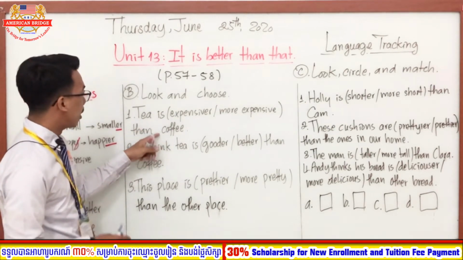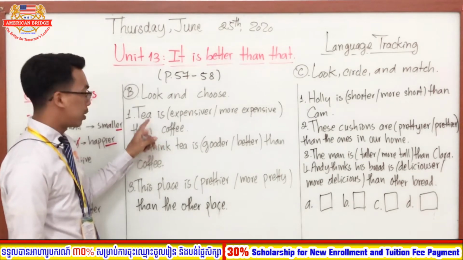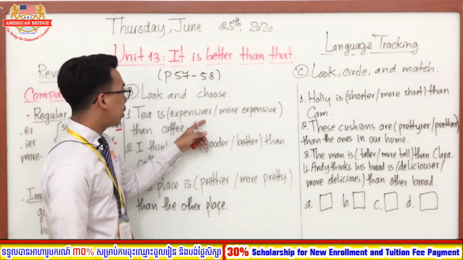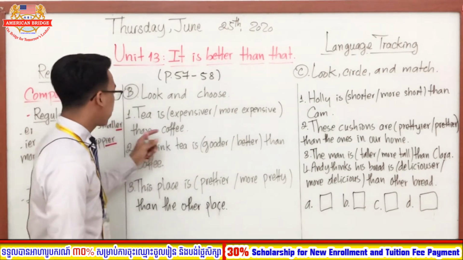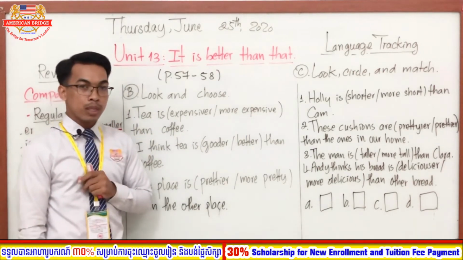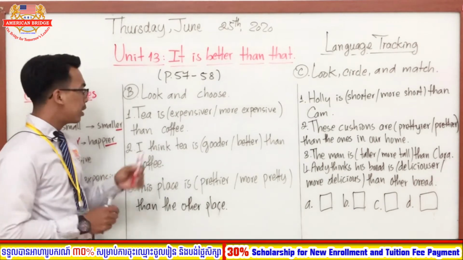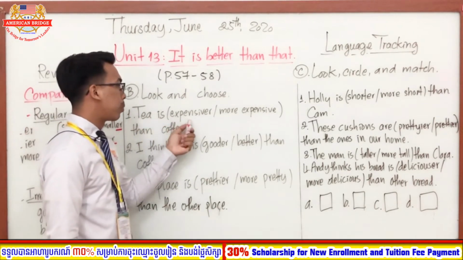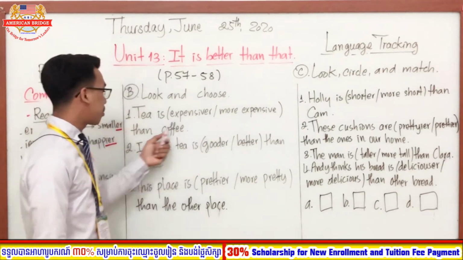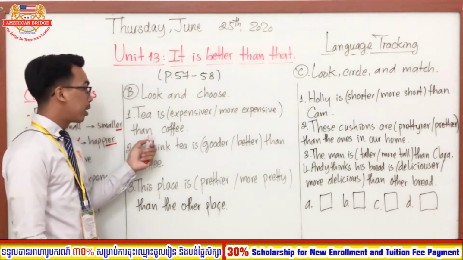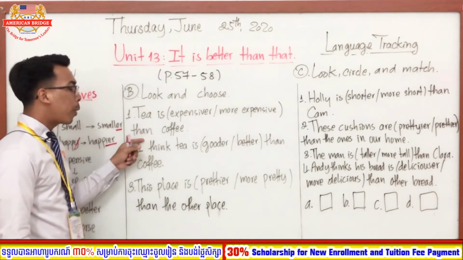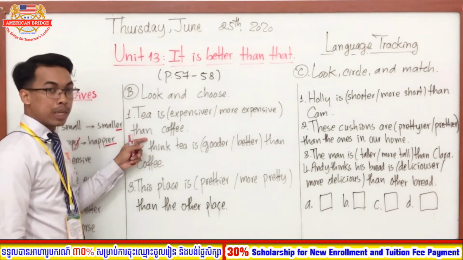Like this sentence, take a look at the first one. Tea is more expensive than coffee. Remember, everyone: we have the subject, the to be, and then the comparative adjective, and after that we have the word than, and then the object. Than is always in the comparative, everyone.